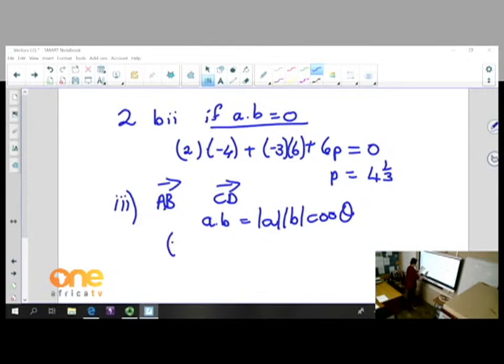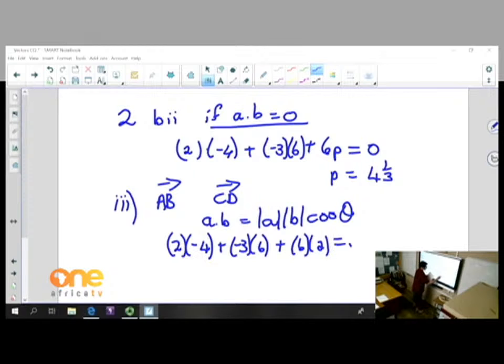What is A dot B? i i plus j j plus k k. -3 times 6 plus 6 times 2 is equal to... now remember, here you mix the two. Here we just want the magnitude of AB. So we're just going to find the magnitude of AB. 2 squared plus -3 squared plus 6 squared.